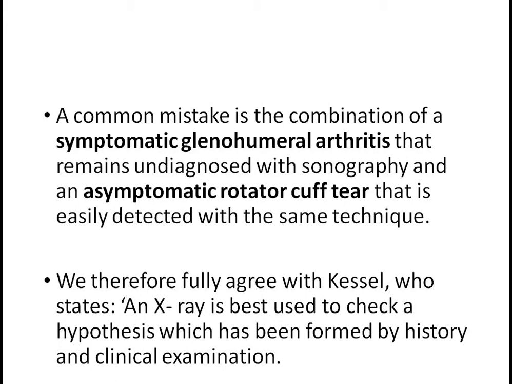For example, a common mistake is the combination of a symptomatic glenohumeral arthritis that remains undiagnosed with the sonography. Sonography means imaging through ultrasound. The pictures received after the ultrasound are known as the sonogram, and this phenomenon is known as sonography.